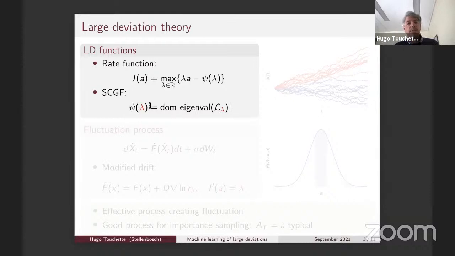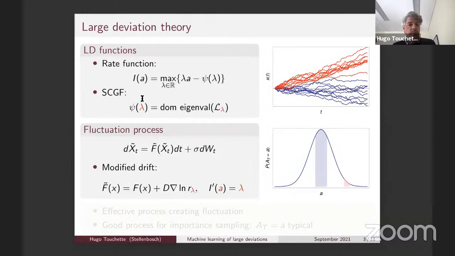So essentially calculating a rate function for a Markov process boils down to a spectral problem. You want to solve a spectral problem to extract the dominant eigenvalue as a function of that parameter lambda, and then you'll get this function, and by the Legendre transform, you get the rate function. Moreover, when you solve this spectral problem, you get the fluctuation process, which I've just described.